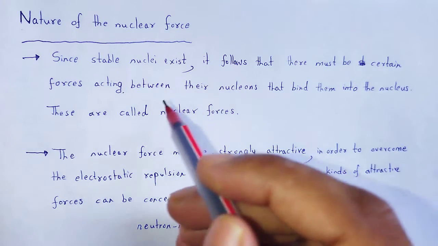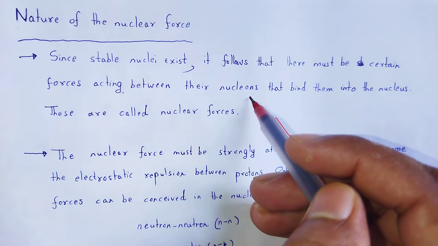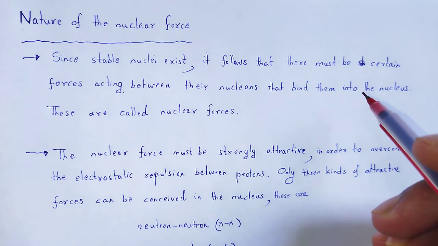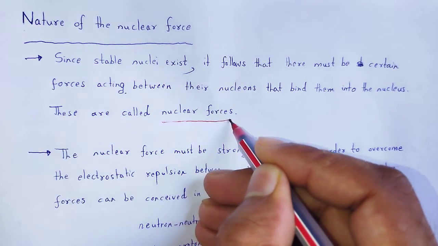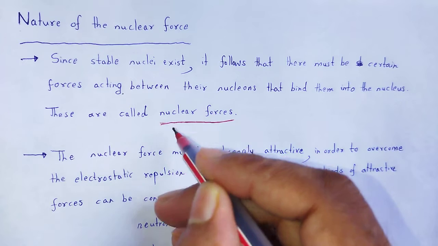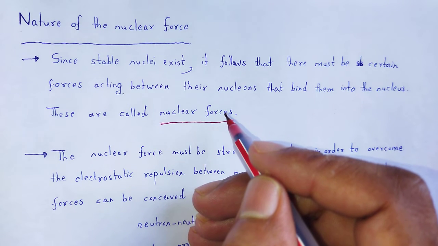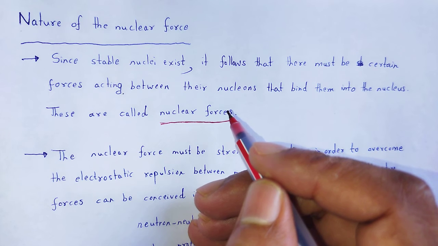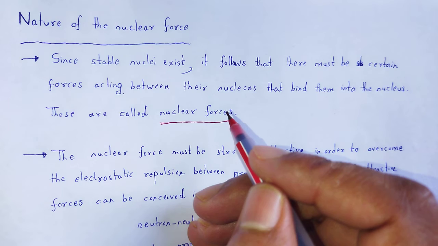There must be certain forces acting between the nucleons that bind them into the nucleus. These are called nuclear forces. So nuclear forces are those forces which bind the nucleons, the combination of neutron and proton, within the nucleus.